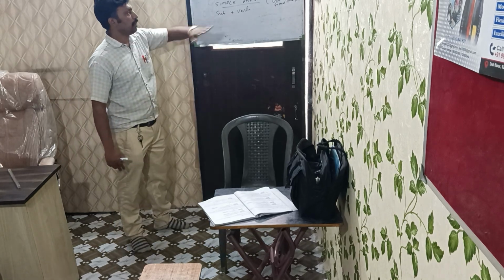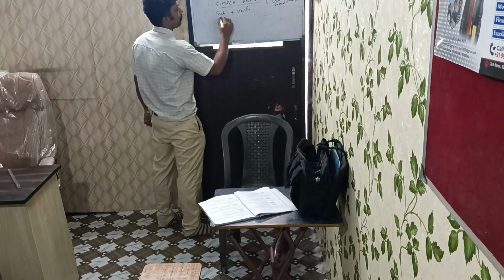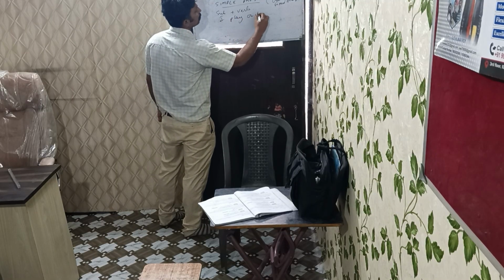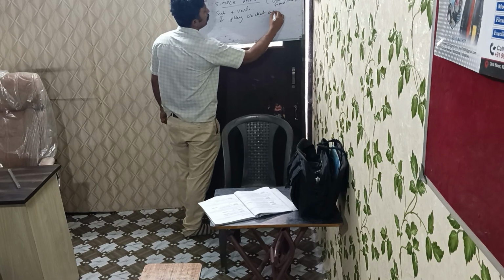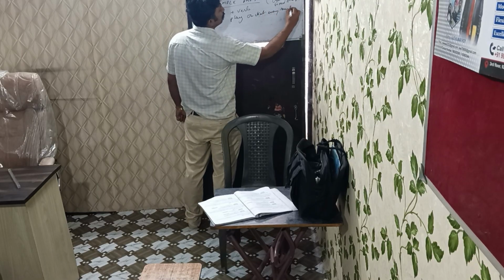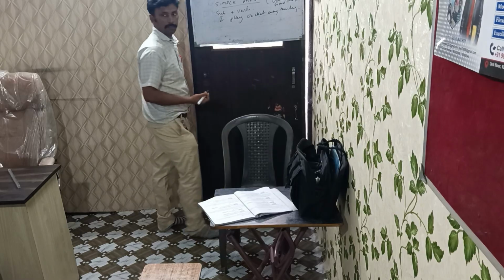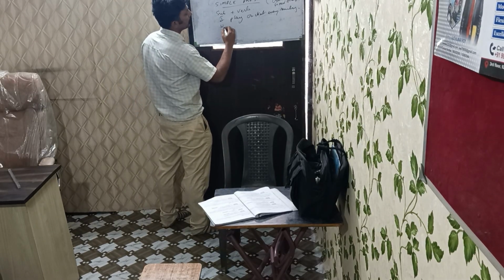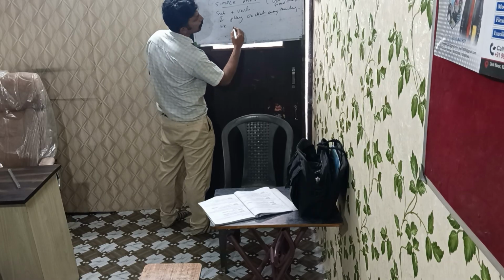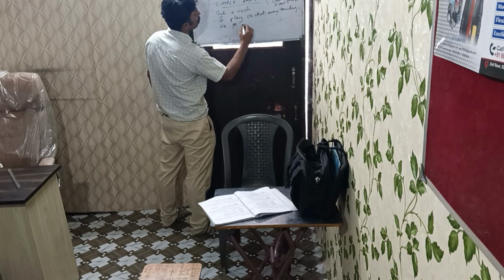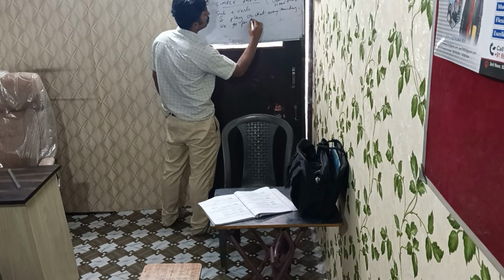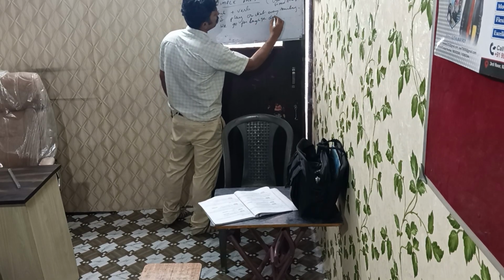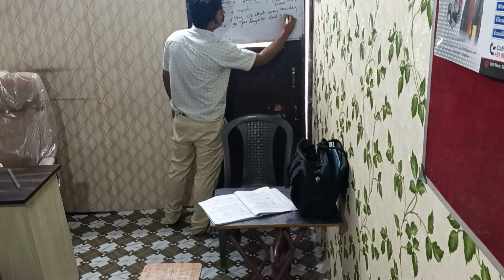You use the subject and say straight away, like I play cricket every Sunday. This will come under habit. Next one, we go for English class three days a week.